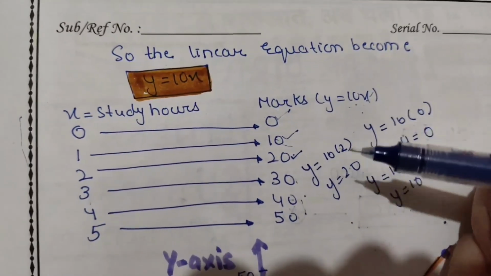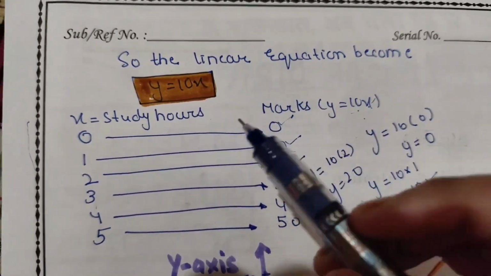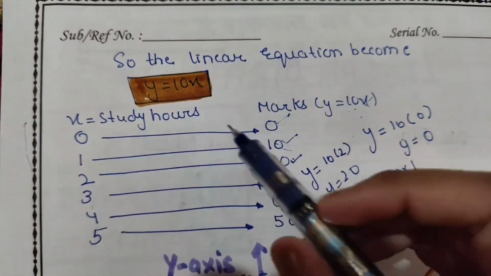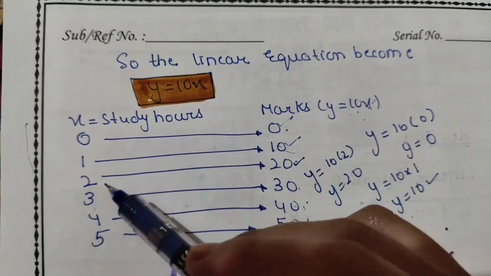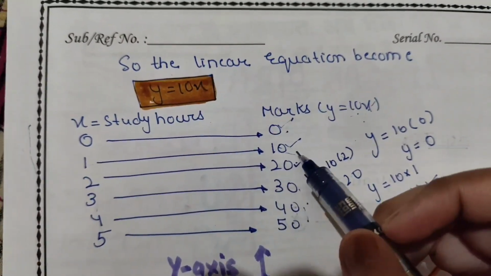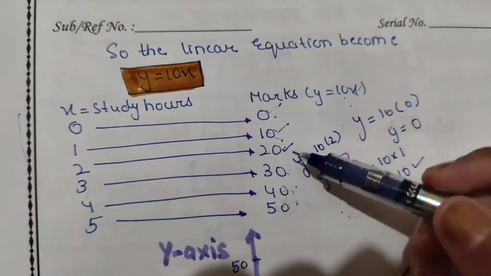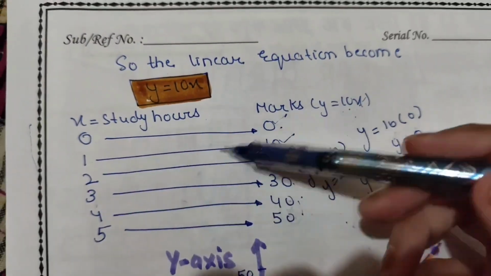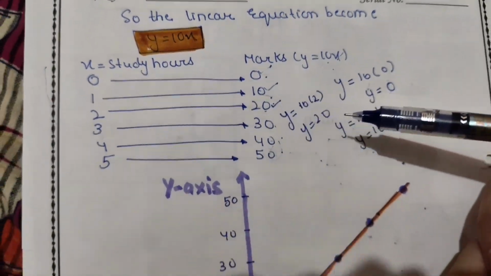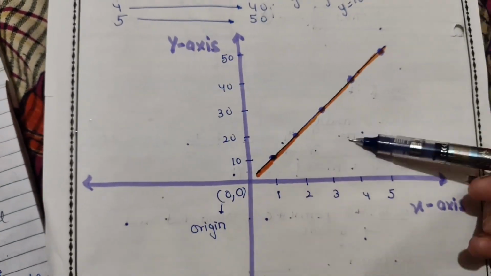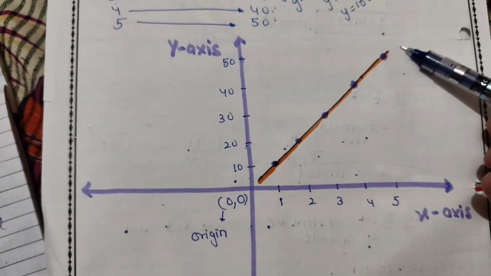Okay, now let's move towards the graph. These are the points of x and these are the points of y. If you plot all these points of x and y, then you get the graph like this in linear form.